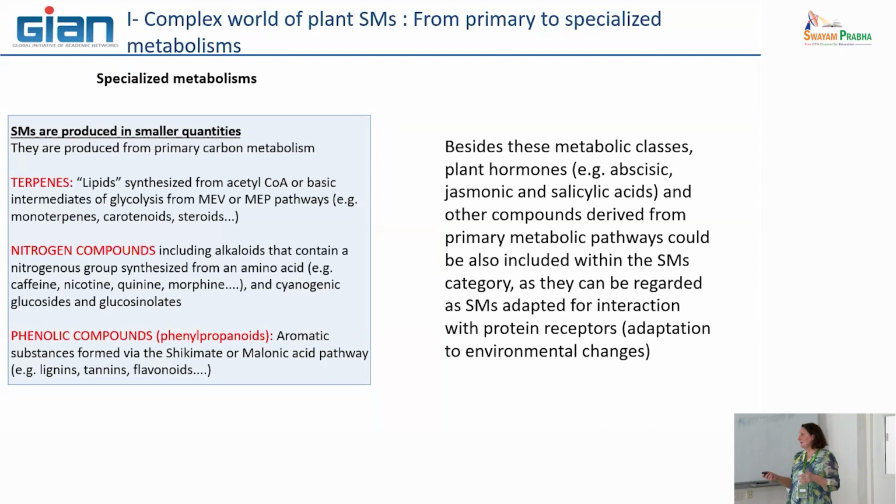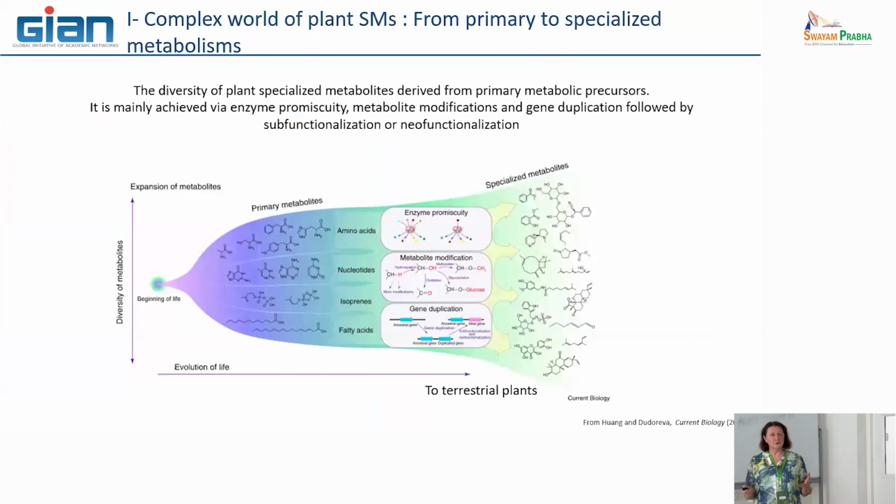And the final one, sorry, the light is too high. Okay, this is a very interesting point, because now a lot of studies are emerging that try to know from where and when these metabolic pathways leading to this very large amount of specialized metabolites have been implanted in plant cells.